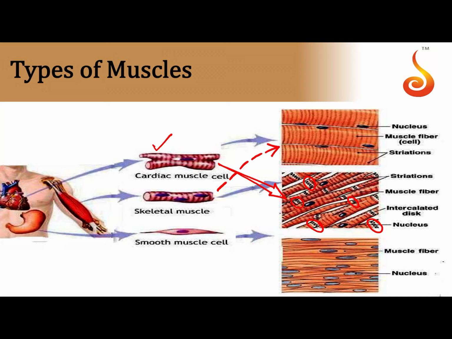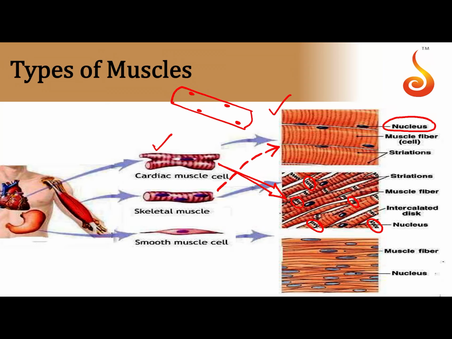Then coming to the skeletal muscle, you can see how the skeletal muscles are cylindrical in shape, whereas if you notice, the nucleus of the skeletal muscles, or the striated muscles, is located on the periphery of each cell. So if you consider this to be a cylindrical muscle cell, then the nuclei are present at the periphery, and notice that there is more than one nucleus inside the cell.